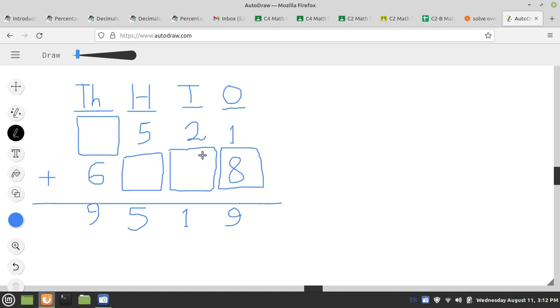Now go to the next column. So 2 plus what gives you 1? Okay, 1 is already smaller than 2, so that means 2 plus something will actually give you 11, and the 1 of the 11, that means the ones place 1, will be here, and 1 will be carried to this column. So 2 plus what?